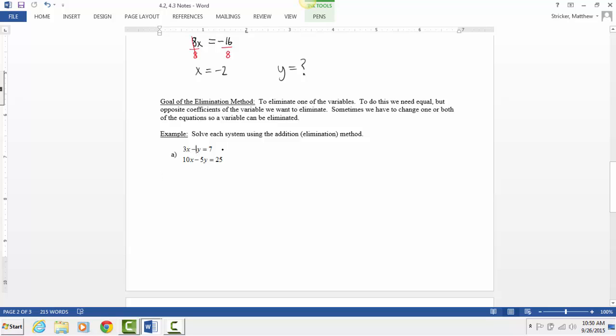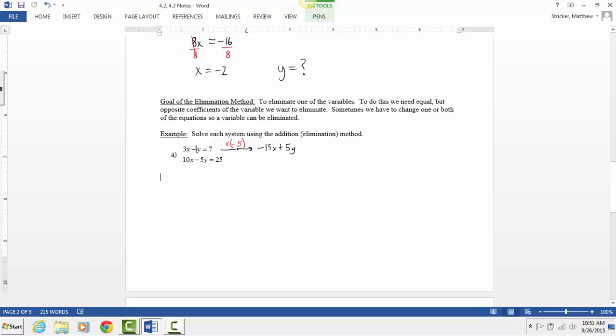So if I multiply the top equation by, say, -5, then the top equation, well, 3 times -5 is -15x. -1 times -5 is plus 5y.